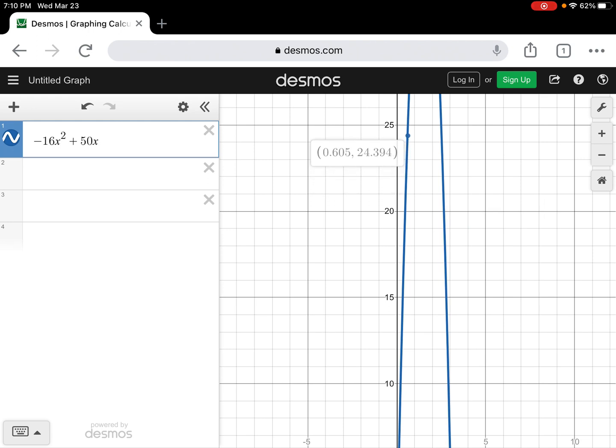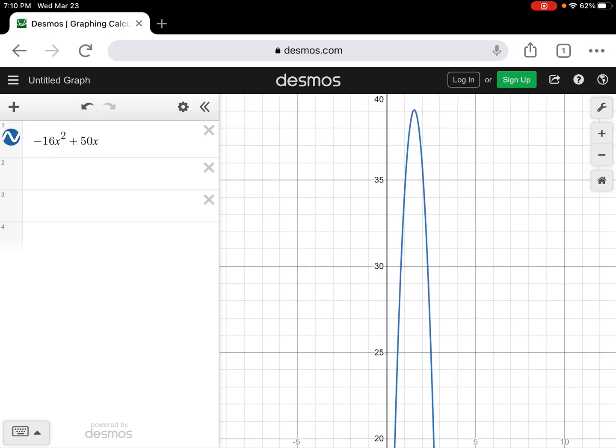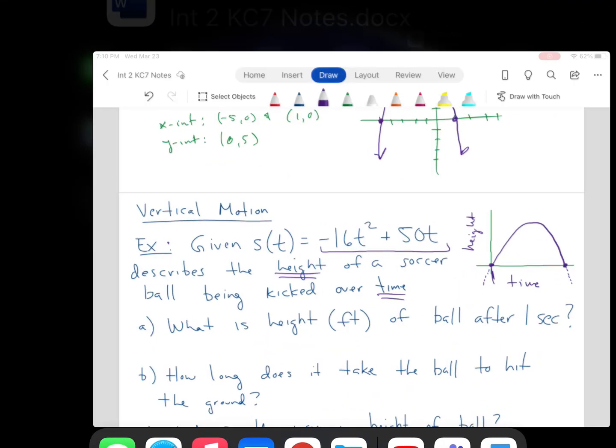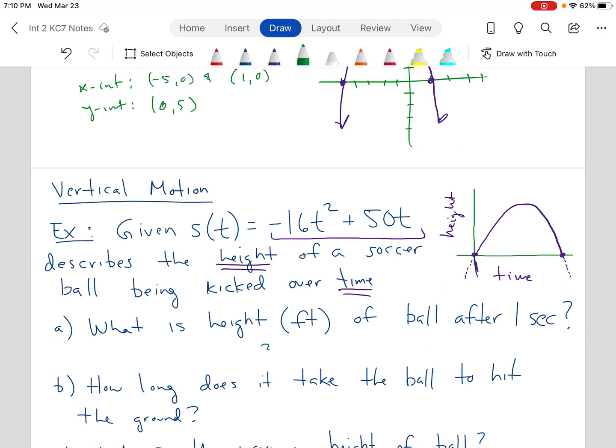As you can see that I'm moving this until I get to 1 second, which is about here. So at 1 second, I would say that my height is 34 feet. It's at this point right here, 1, 34. So 34 feet is my answer.